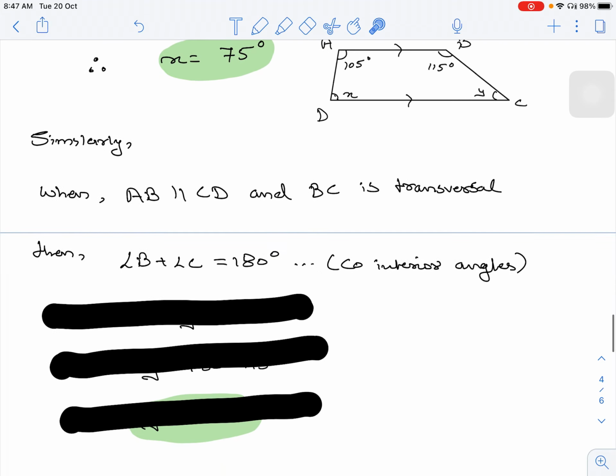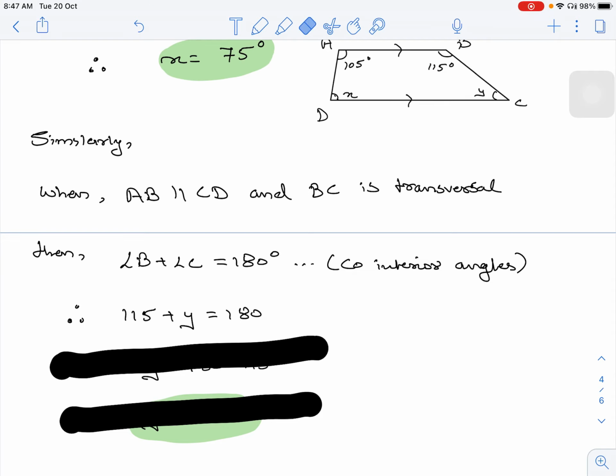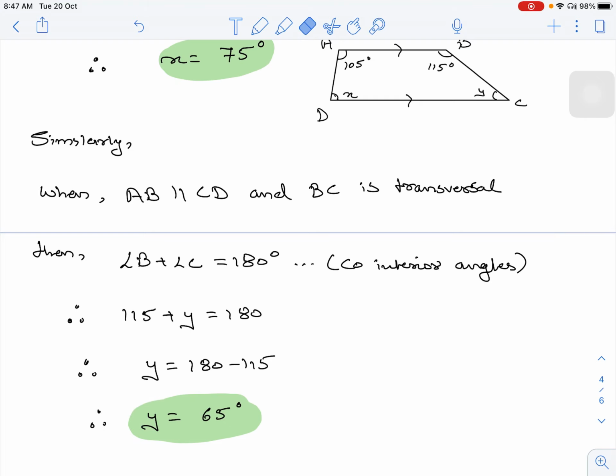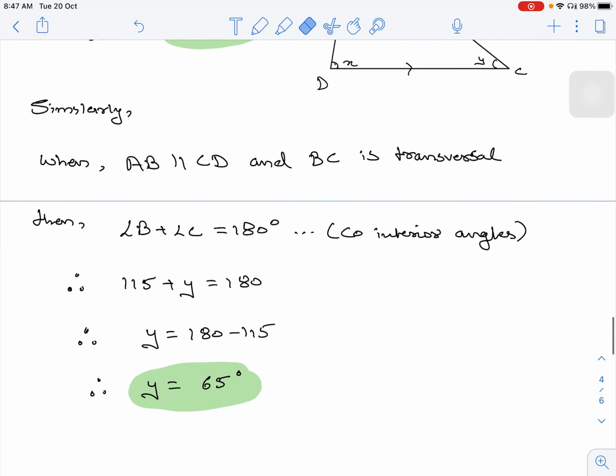Okay. So now what is the value of angle B? That is 115, and C, its value is Y over here. Now in the next step, what will we do? We'll change the side of this 115. If it goes on the other side, it will subtract. So in the next step, you will get Y equals 180 minus 115. Next step, you will get Y equals 65. Okay. So this is our final answer.